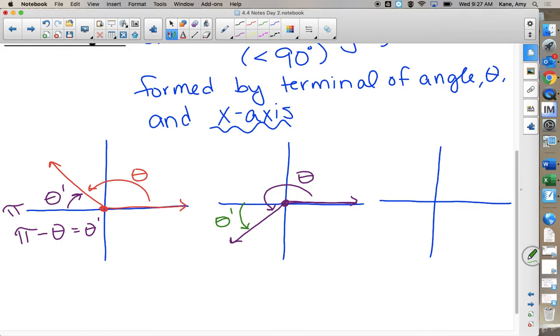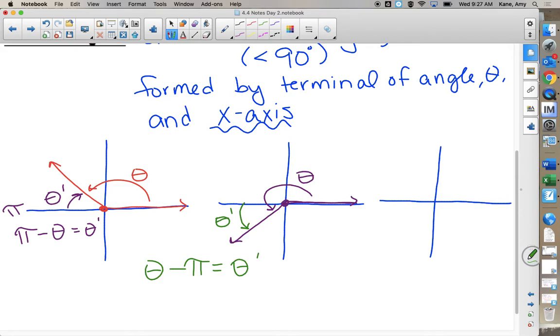And it's pretty much like how far past the horizontal axis did you go. So to find this angle, I would take pi. But instead of subtracting, I would actually start with the angle. So my original angle minus pi, because the original angle is past pi, would equal our reference angle. So I'm using pi in both cases there because I'm next to pi. The angle is located next to pi, above pi or below pi.